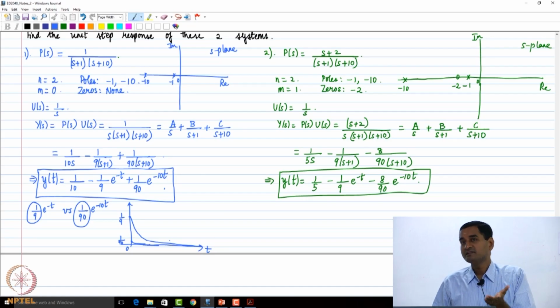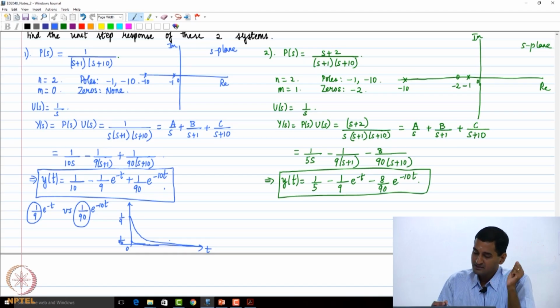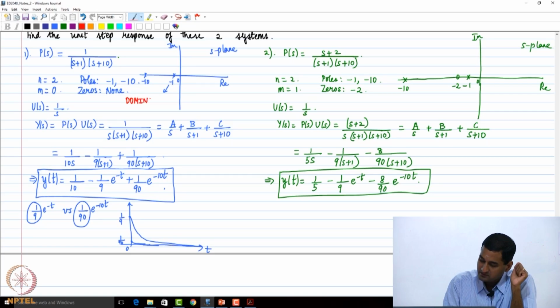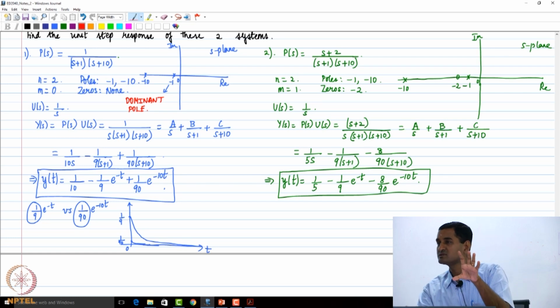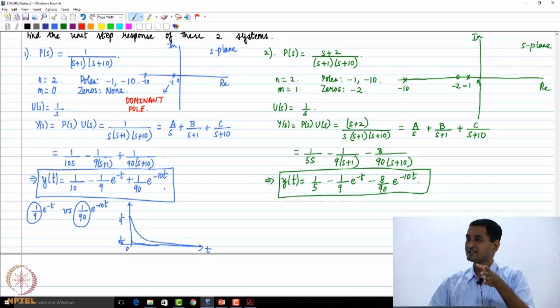So for that reason, the poles that are closest to the imaginary axis are what are called dominant poles. Okay, so -1 here is what is called a dominant pole. Dominant poles are those poles that are closer to the imaginary axis.